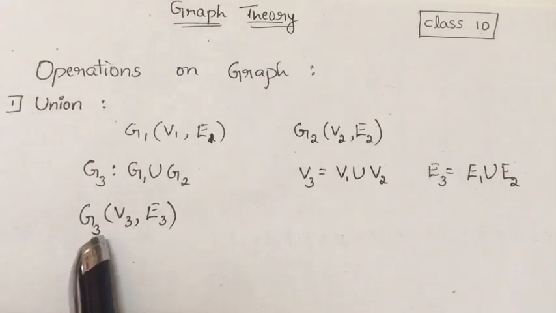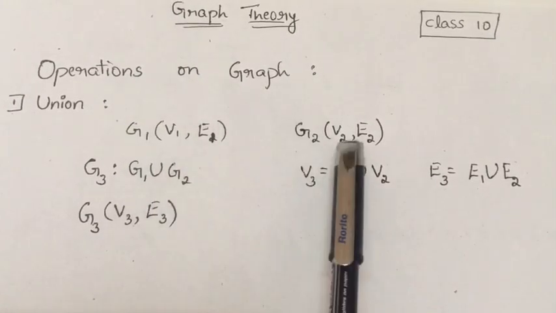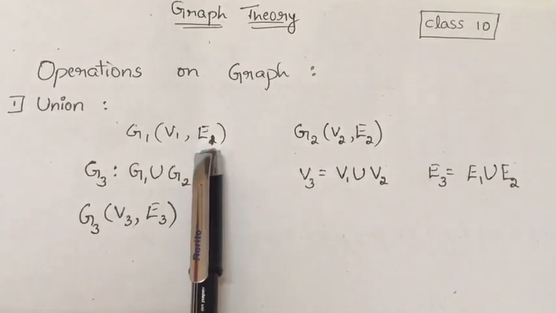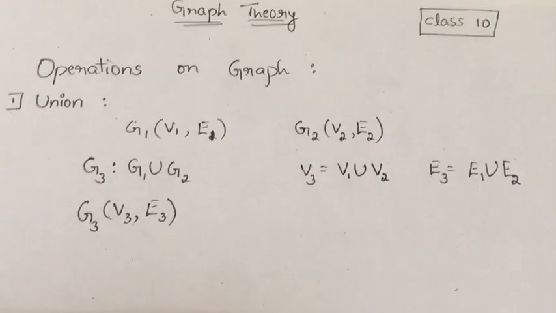This means G3 will have the vertices of G1 and G2 and even the edges of G1 and the edges of G2.